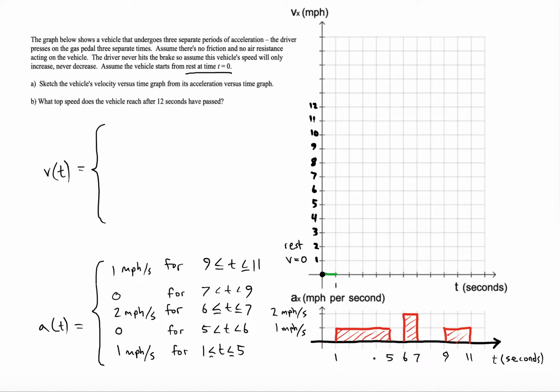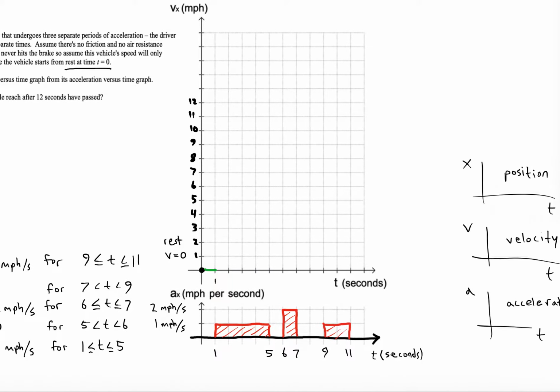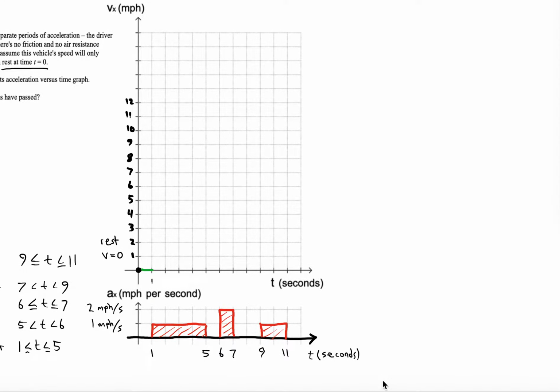In order to find that, what we want to do is take an integral of the acceleration function from 1 to 5. So that's the integral of 1 dt, because that's the value that it holds during that time.